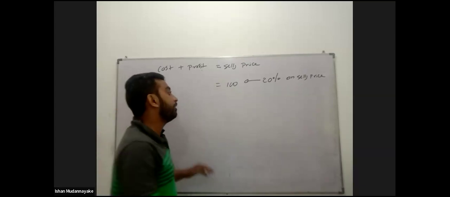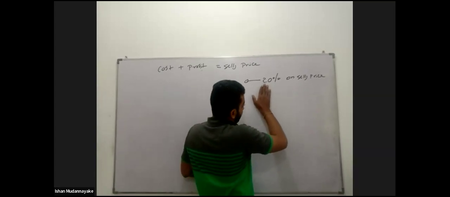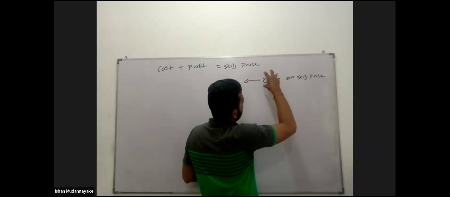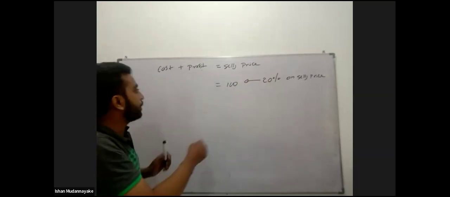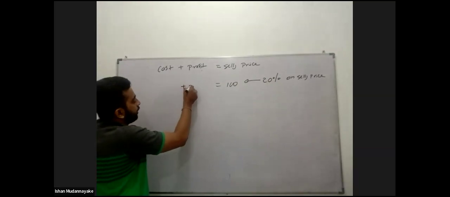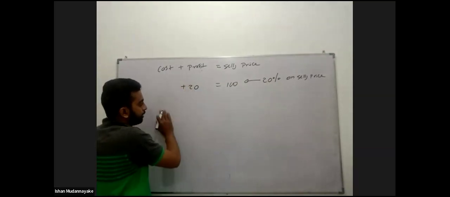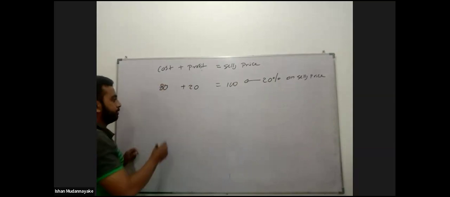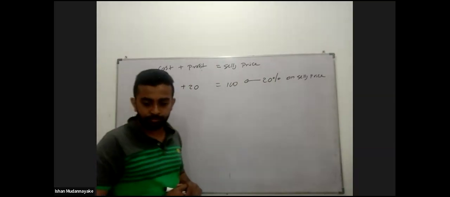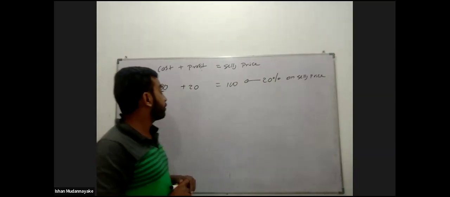If the profit percentage is 20%, then profit is 20 and cost is 80. Profit 20, cost 80. Here the examiner asks you to calculate selling price by adding 20% on selling price.